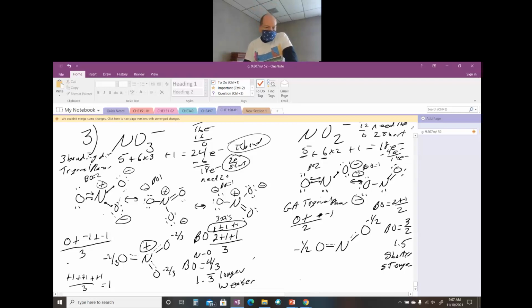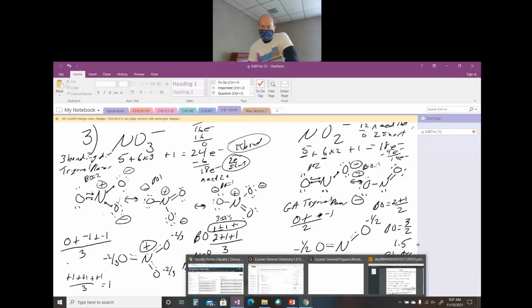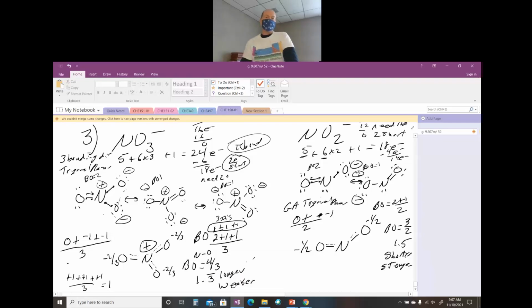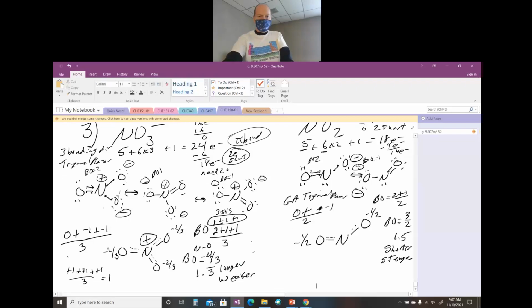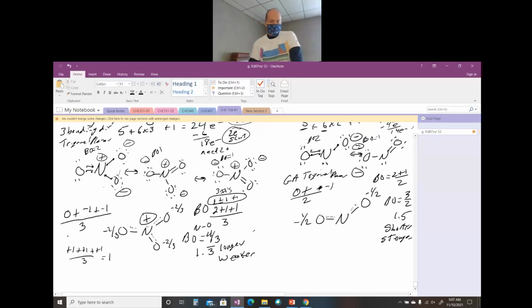All right, so that is how you do your resonance hybrid. Note that you don't do averages when it comes to hybridizations. So your nitrogen, 3 directions, is sp2. Your nitrogen is always going to be sp2, and the nitrogen over here again, 3 directions, sp2.